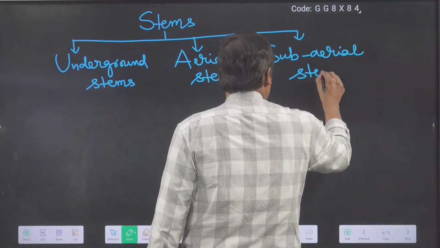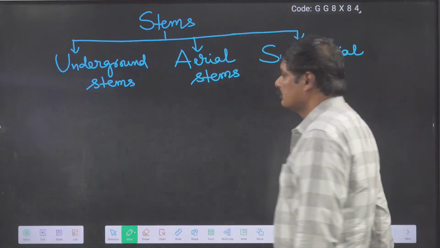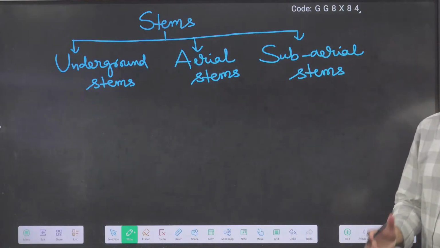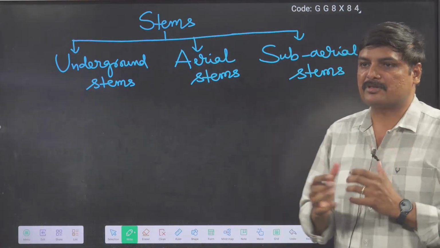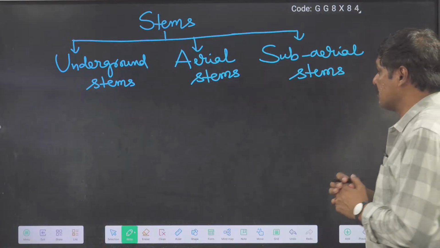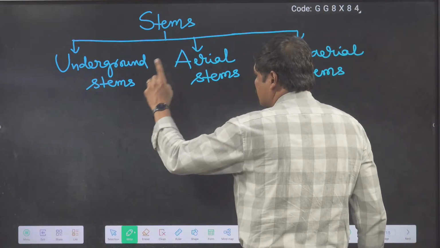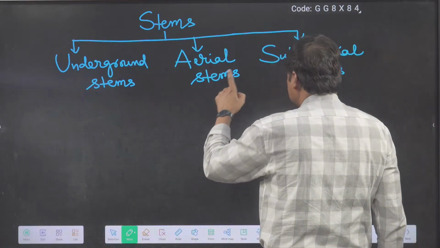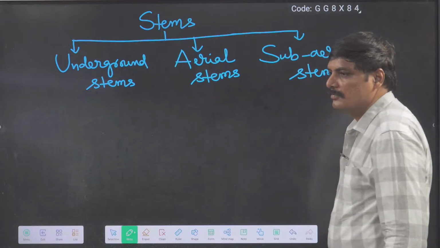Stems are of three types. The three types of stems are underground stems, aerial stems, subaerial stems.